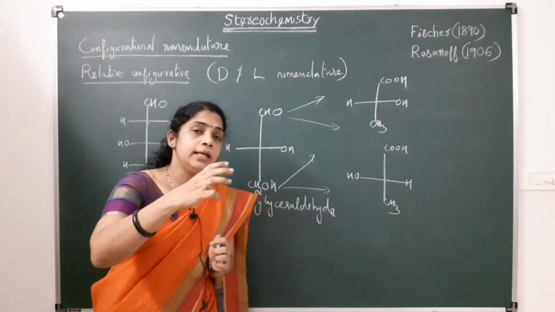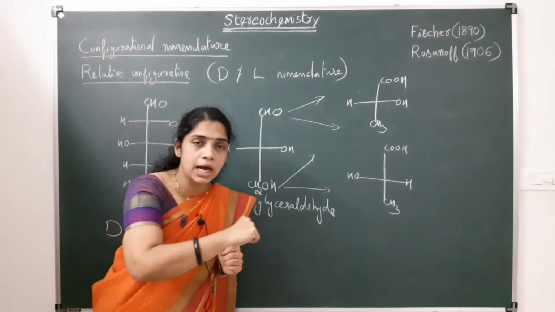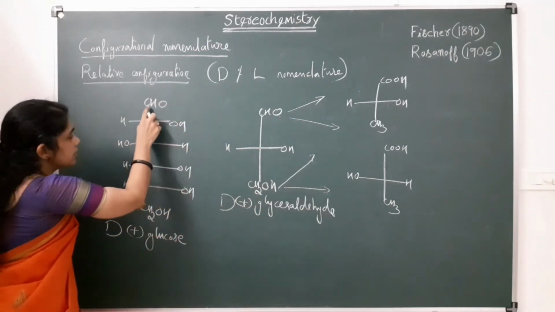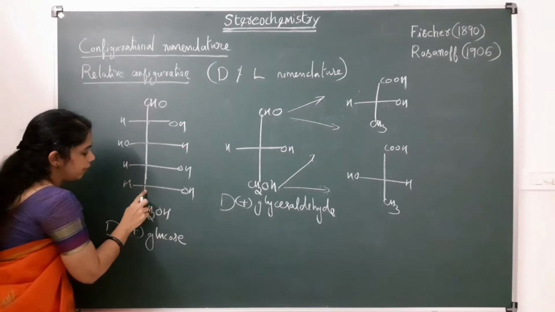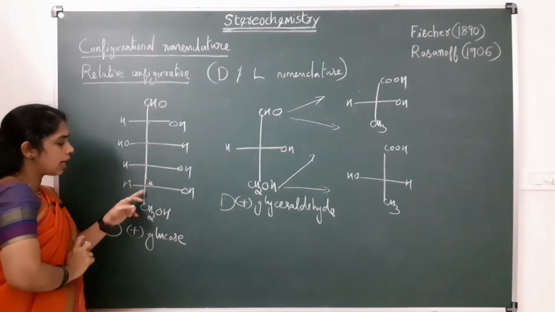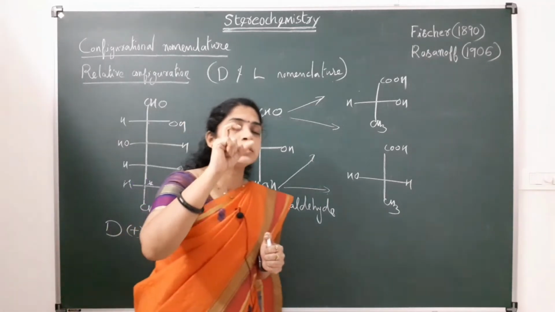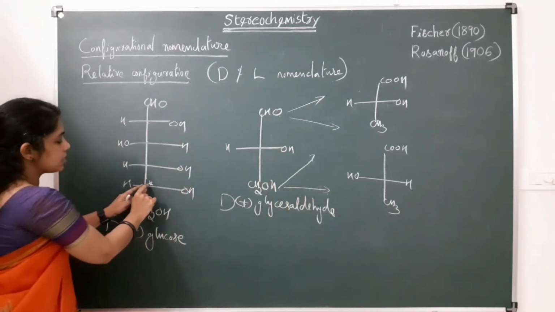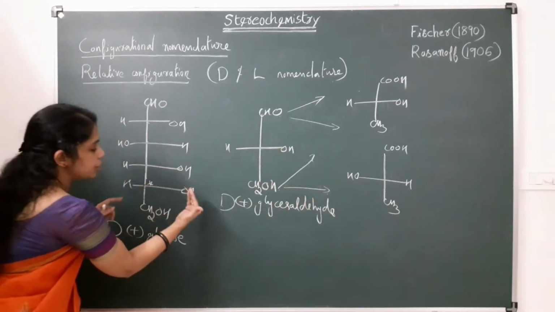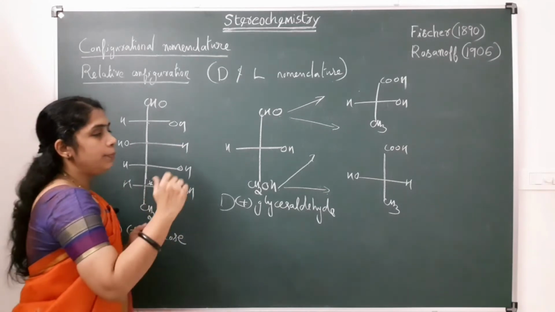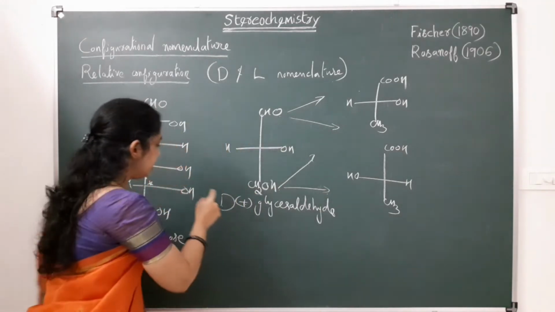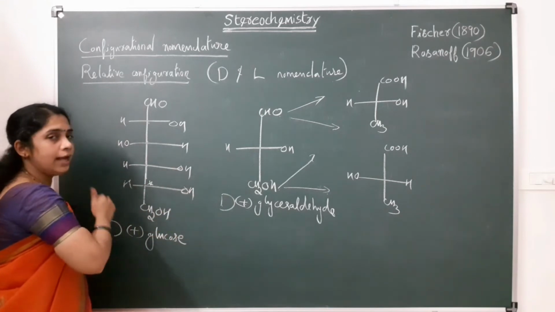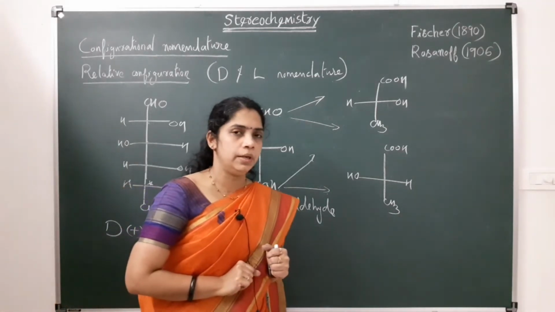Then look at the highest numbered asymmetric carbon atom, here 1, 2, 3, 4, 5. On the highest numbered asymmetric carbon, if the OH is on the right side, that belongs to the D family, and if it is on the left side, that belongs to the L family.